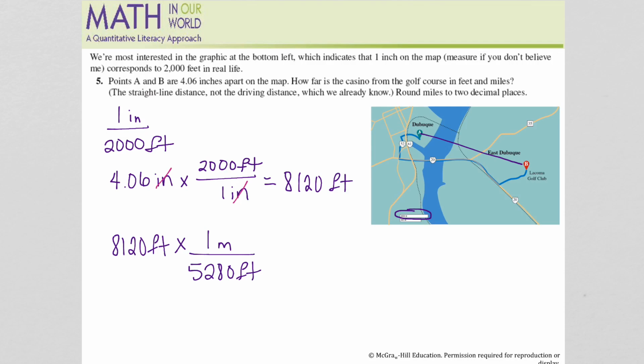Now, why did I put the 5,280 feet on the bottom? Because that's what's going to allow my feet to cross out. So it's important you pay careful attention to that. Then we get 1.54 miles. So apparently it was not very far.